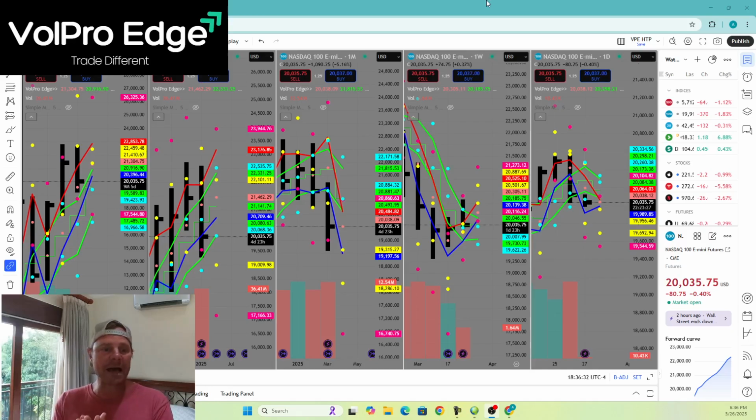We'll license data, and then we'll have our own charting package, so for your monthly subscriber fee, you just get Vol Pro Edge on your Vol Pro Edge charting package. That's probably the direction I'm going to go, because then we'll be able to set it up to use the best volume information for our inputs that we like. Because TradingView and Sierra are all going to have slightly different volume inputs, but it's neither here nor there.